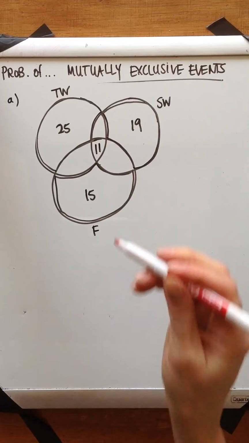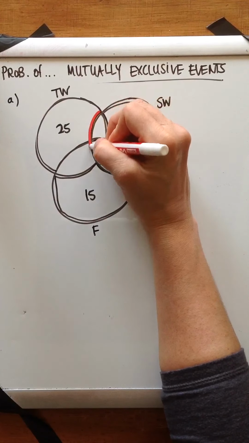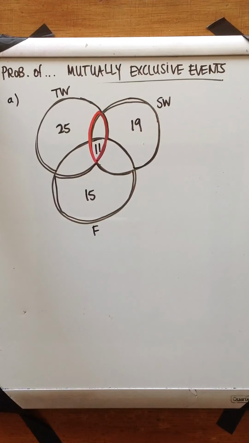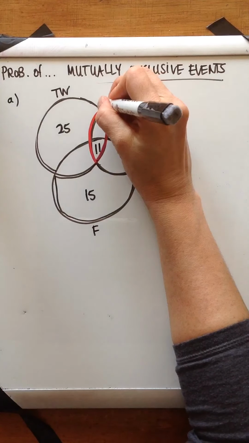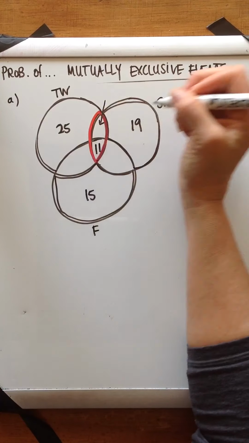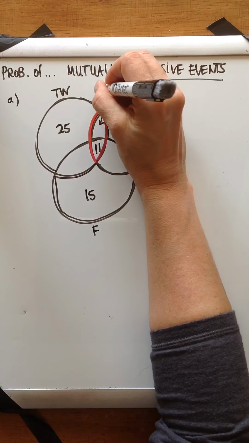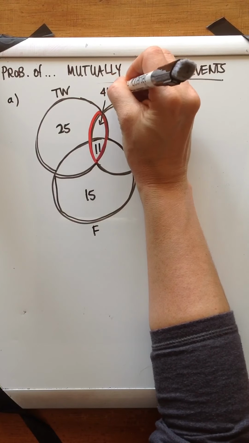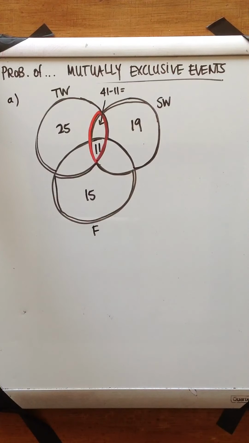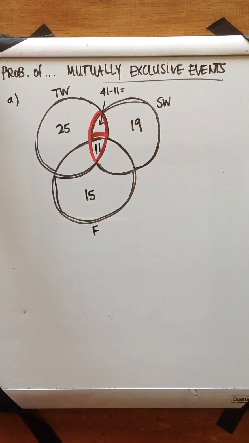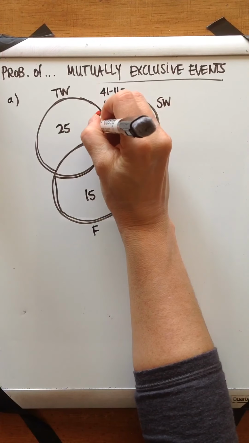So that means 41 of them subscribe to that whole region. If we only want to know what goes in here, 11 of them are already accounted for in this region. We're going to have to take those 11 away to get the rest that go just in this section here, which will be 30.